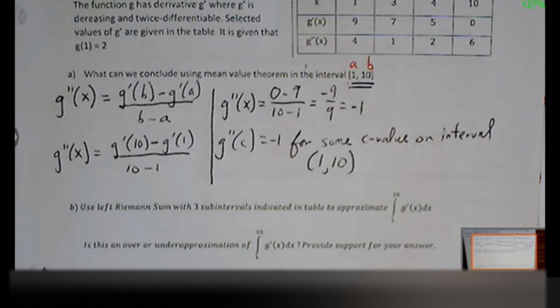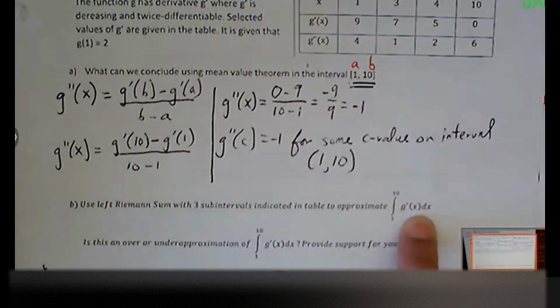Part B, use left Riemann sum with 3 subintervals from 1 to 10. So we're looking at the area under the G prime graph.